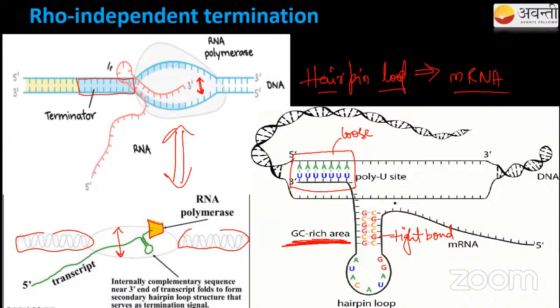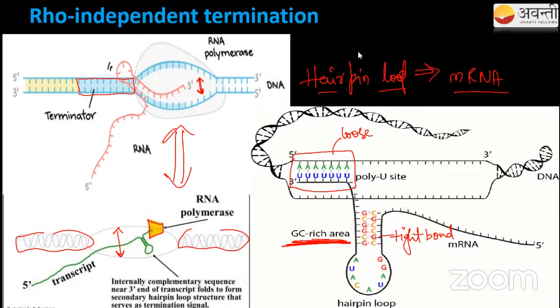So the RNA forms the hairpin structure, and it is removed from the synthesis. The mRNA is detached from the RNA polymerase enzyme. Okay, guys.